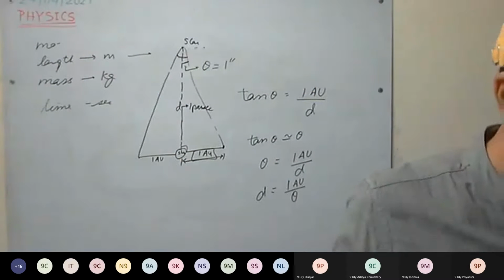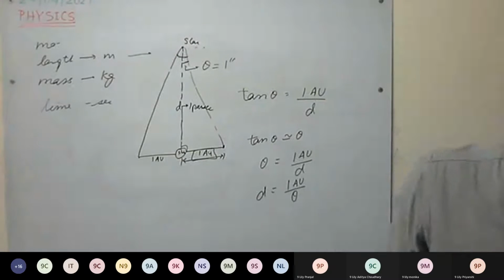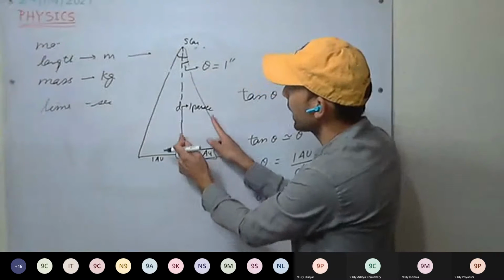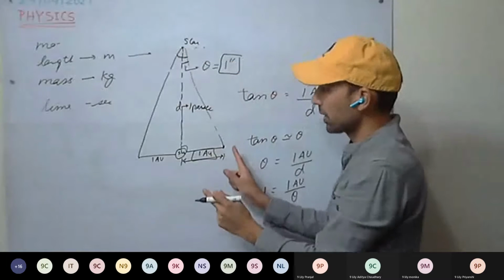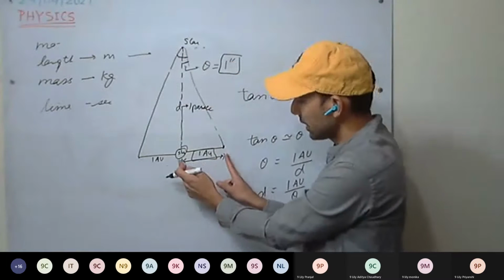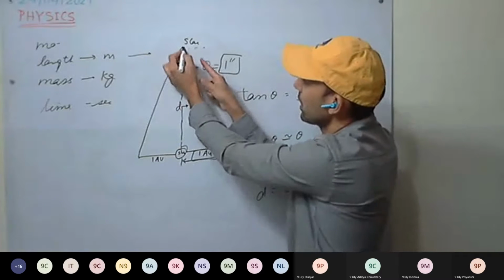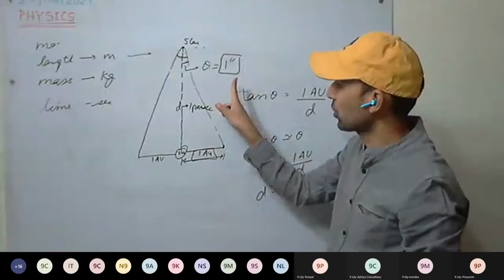You can see the definition of parsec as well. 1 parsec is the distance from where the semi-major axis subtends an angle of 1 second. This is the definition of parsec.